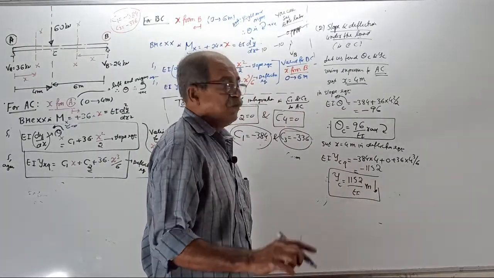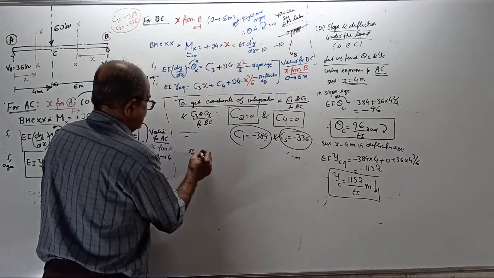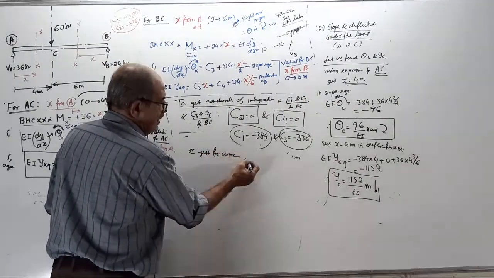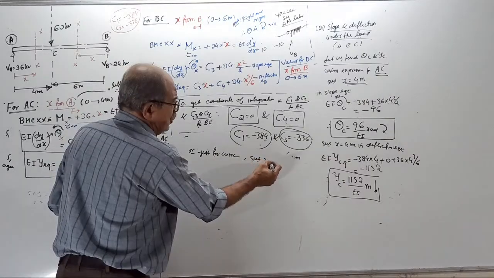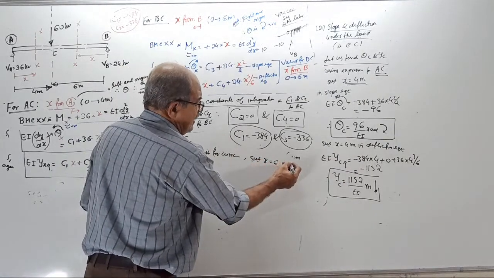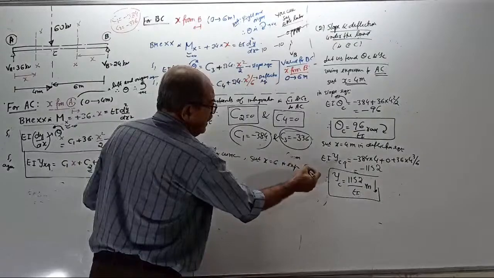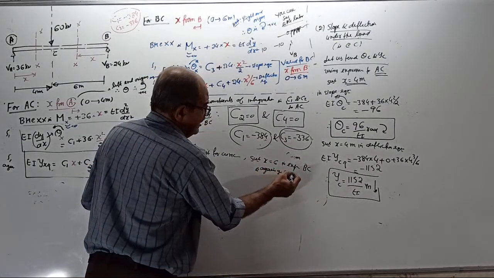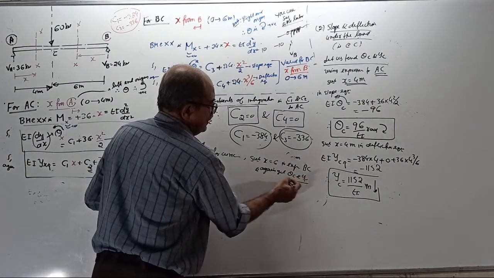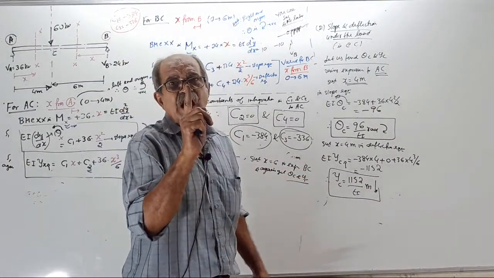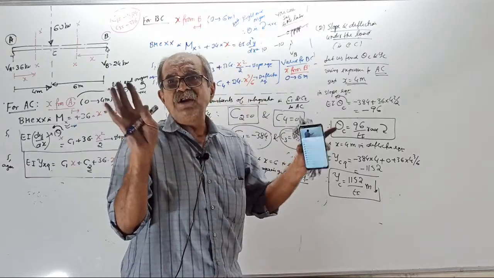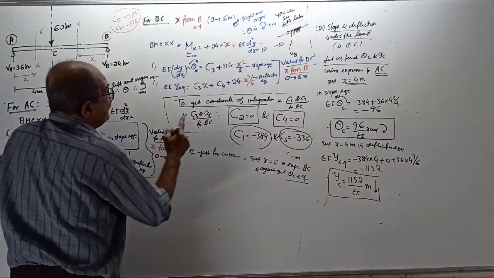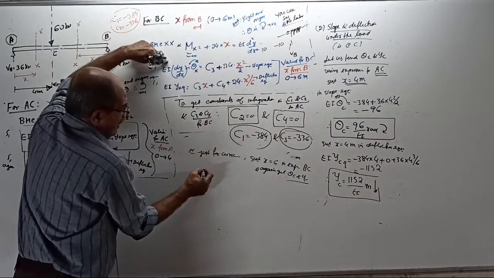Now, just for curiosity, substitute x equal to 6 meter in the expressions for the BC portion and again get theta C and yC. If the answer is not the same, no more class will be taken by me. First, substitute x equal to 6 meter in the slope equation. But be careful.